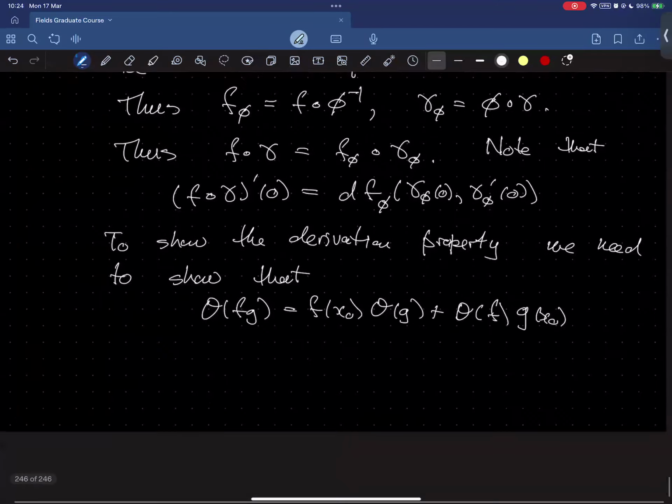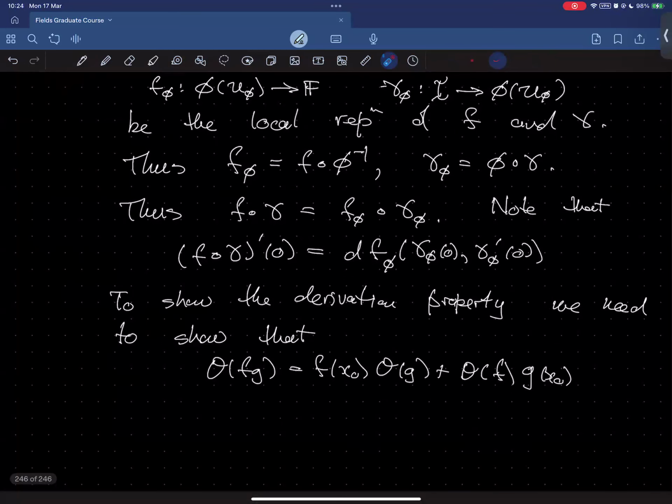That's the derivation property. And the point is that this relationship means it suffices to prove this not for manifolds, but for open subsets of locally convex spaces.